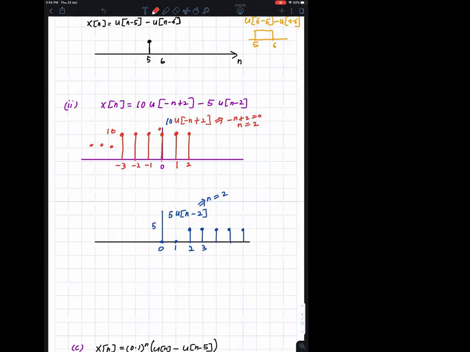So this is going to infinity, in the negative direction.